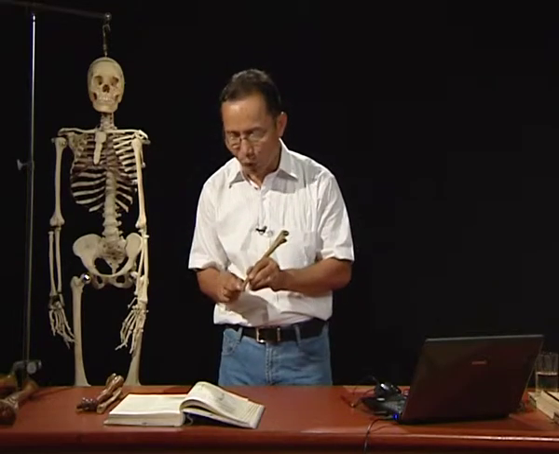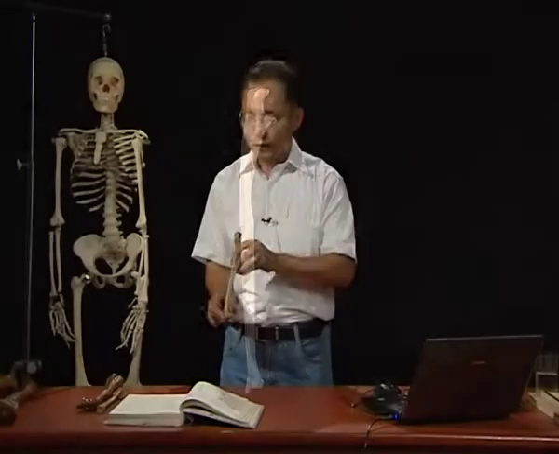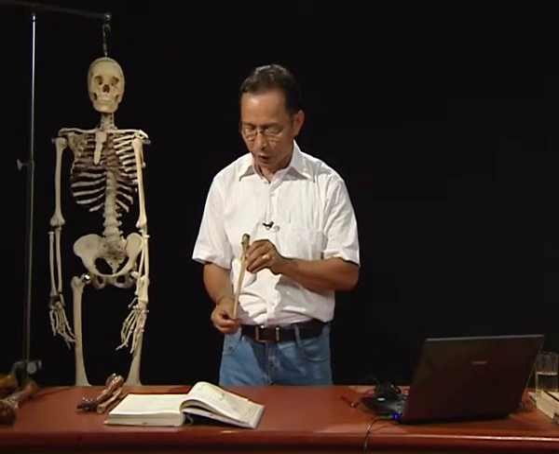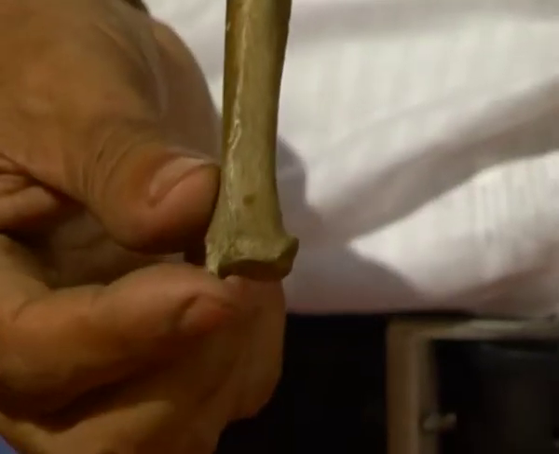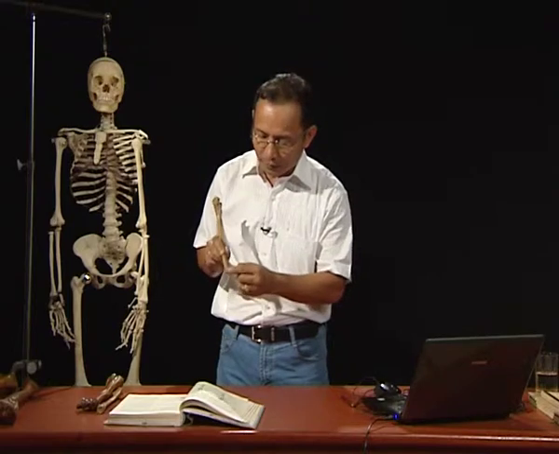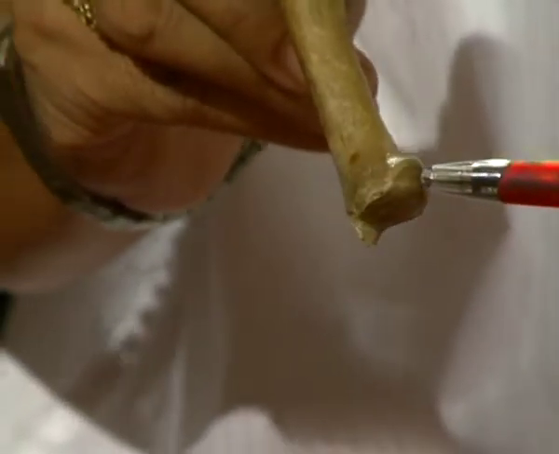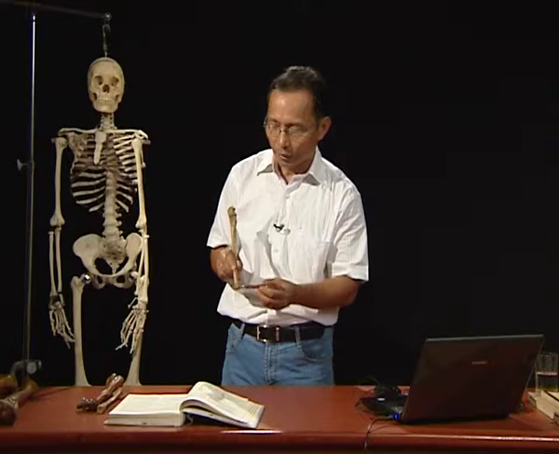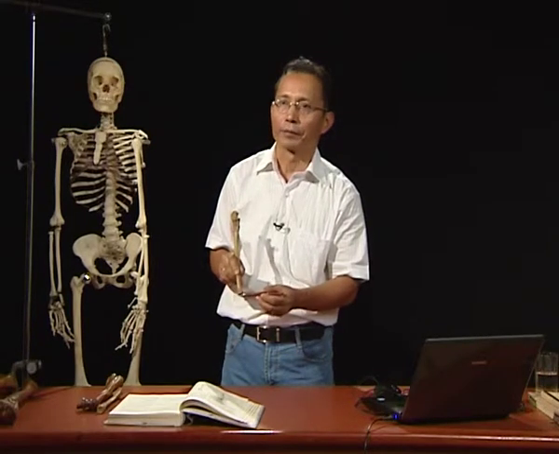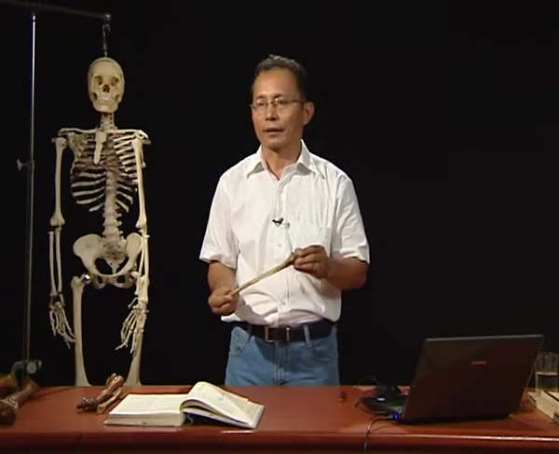One is this small projection called the styloid process. This styloid process should be medial in position, medial towards the body, and this part is called the head of ulna, which articulates with radius. So this is how we describe ulna.